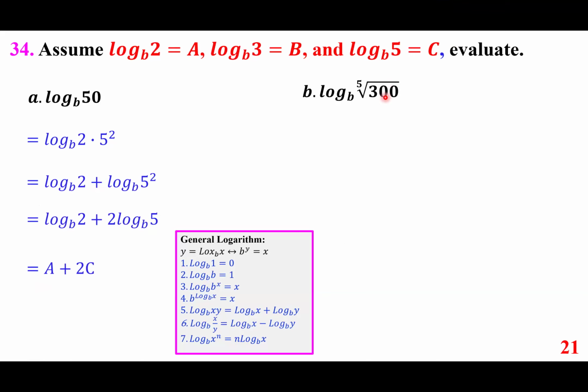We're going to do the same thing here. First, this is 300 to the power of 1/5. Second, 1/5 becomes the coefficient. Now you have to cut it into pieces that have nothing but 2, 3, and 5 as factors.